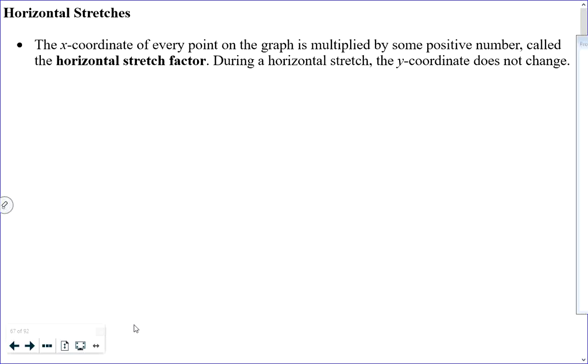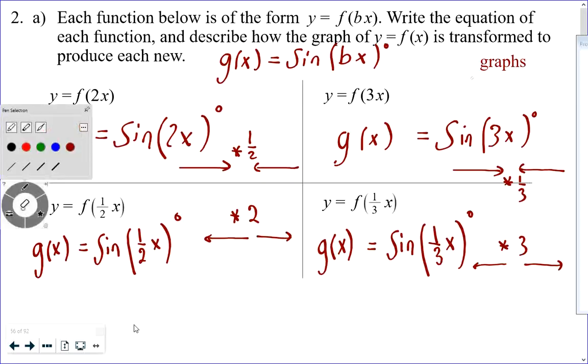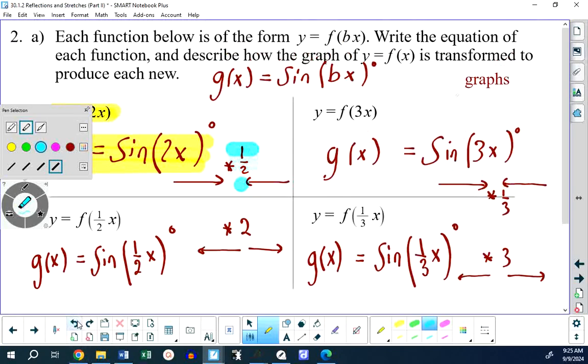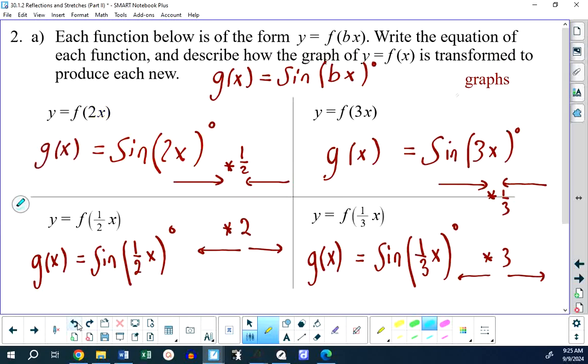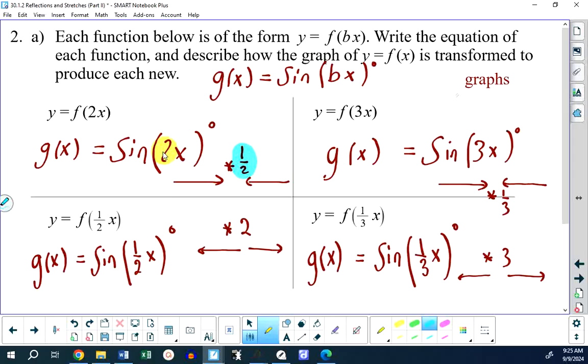So let me back up here. If we take a look at this part of the exploration, what I have highlighted in yellow is the parameter b, which is the number that appears in the equation.